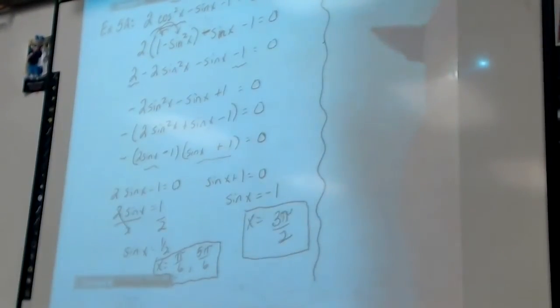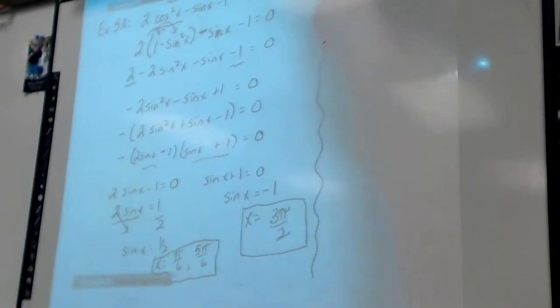Well, you can use a piece of notebook paper if you need to. 5b took up half my room. All right. Now, I didn't say this a while ago, but the instructions are find all solutions on the interval.